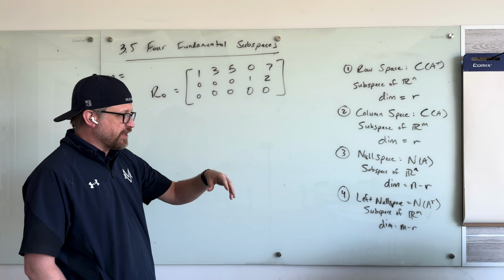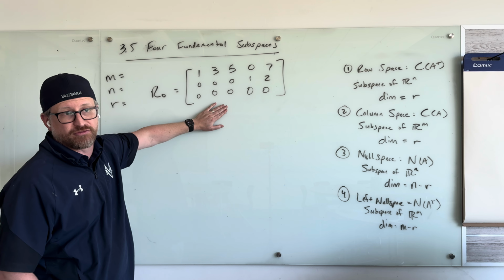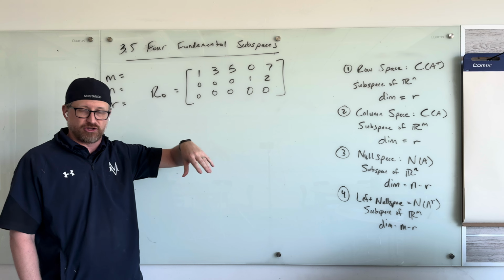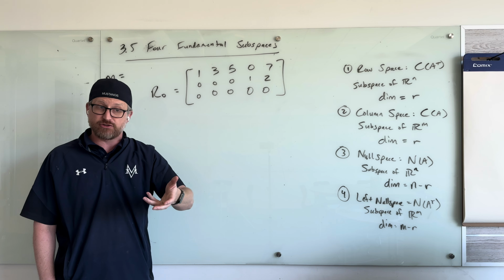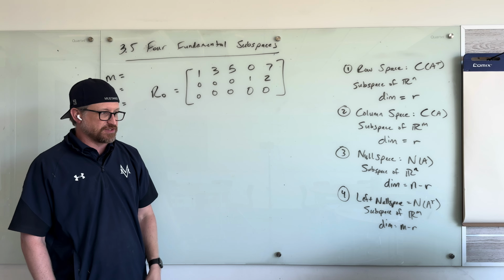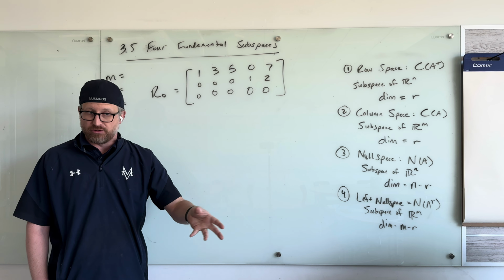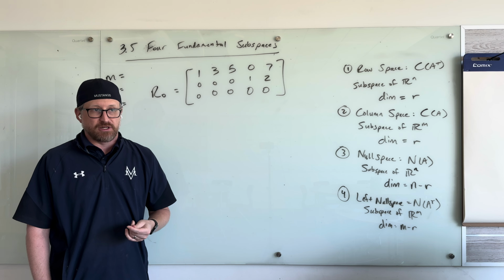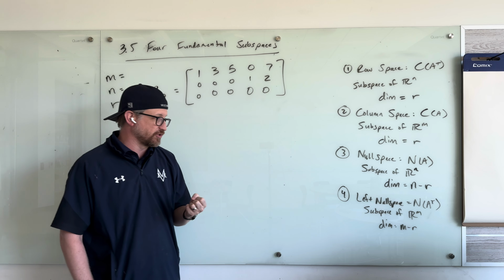At the end of part 1, we would have looked at this reduced row echelon form. Part 2, we're going to look at, well, does all of this stay the same if we were to look at the original matrix? And then that'll lead us into essentially part 3, if needed, into the fundamental theorem of linear algebra.